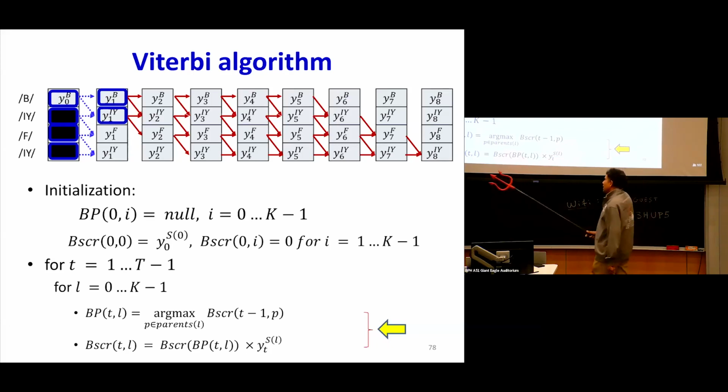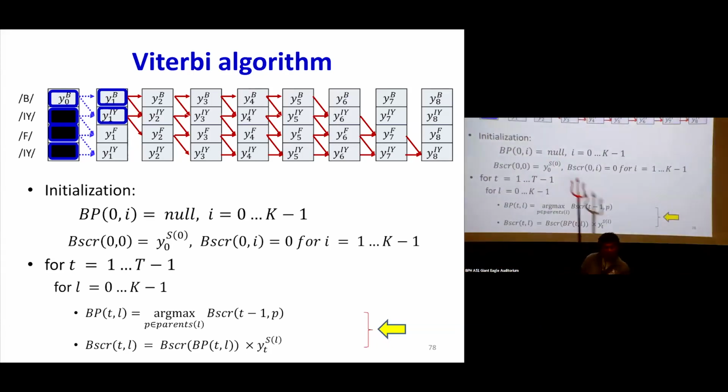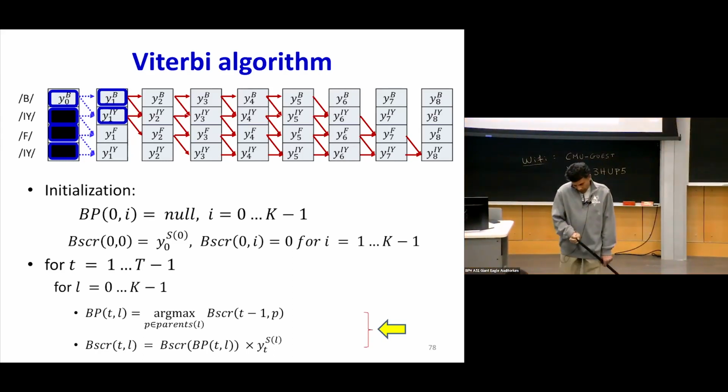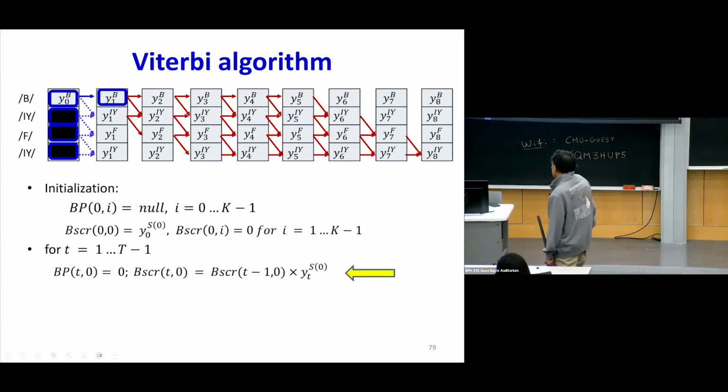And then you get a best path probability for the node itself, right? And so the outcome is that at the end of this, you're going to have information about the best parent for each node, right?